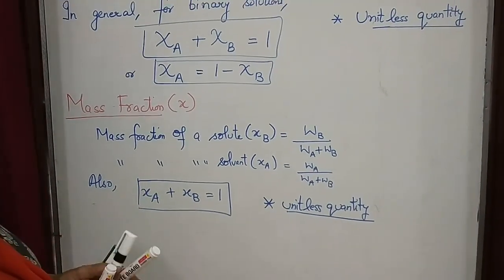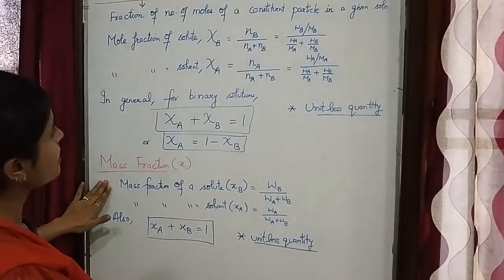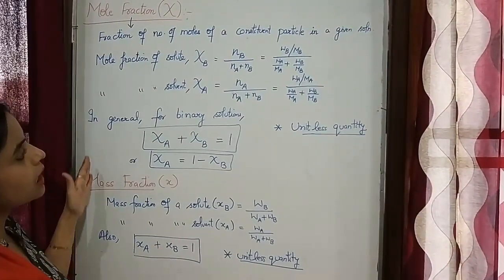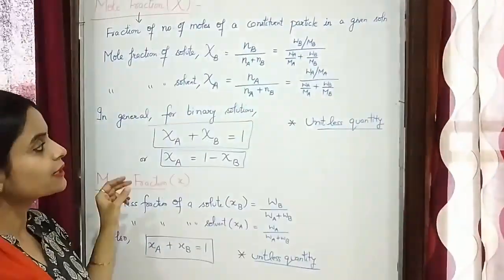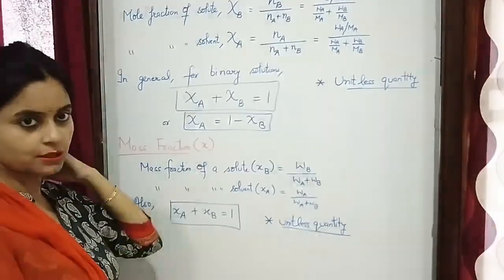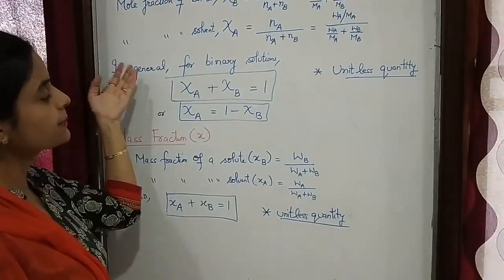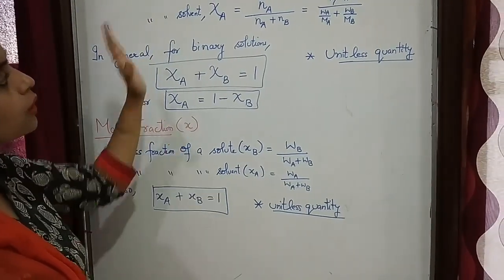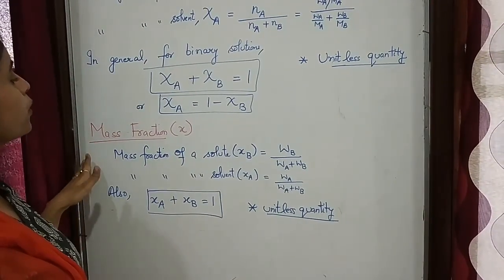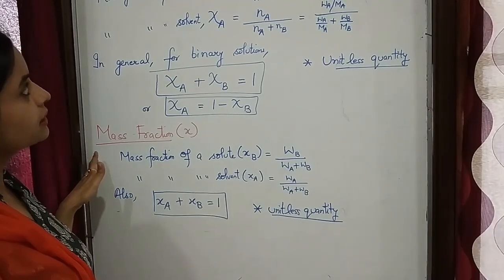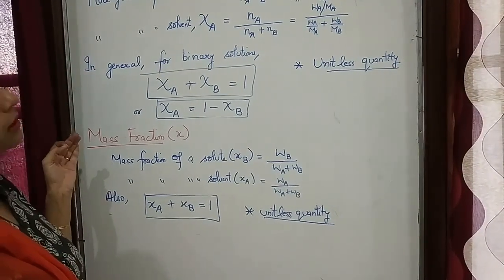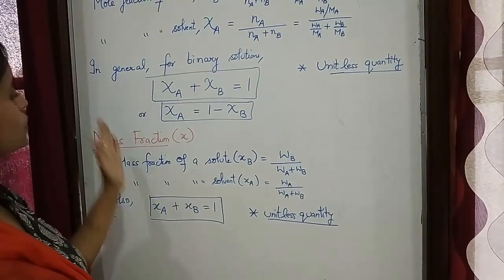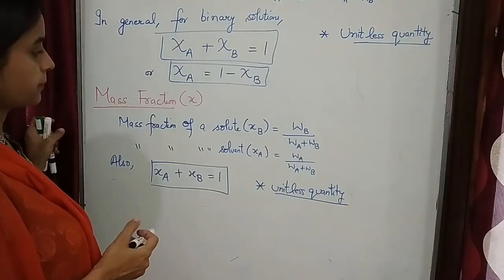I already told you that we have different concentration terms, some of which are temperature dependent and some temperature independent. As both mole fraction and mass fraction do not involve volume, both are temperature independent terms. That means when we change the temperature, these two terms remain constant.